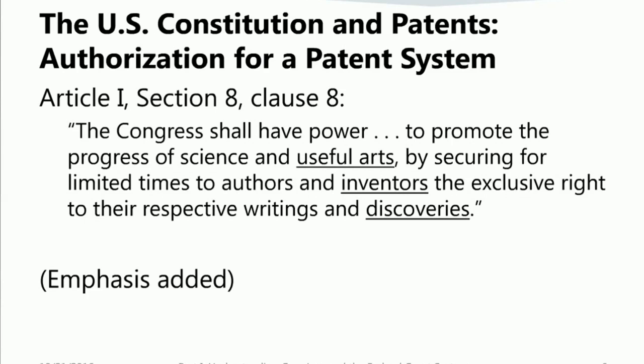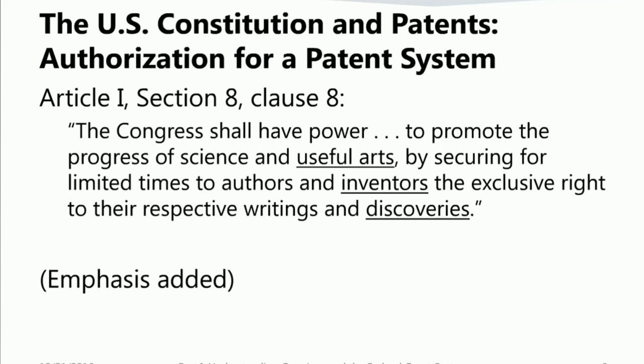The Constitution itself gives Congress the authority to create both a copyright system and a patent system in Article 1, Section 8, Clause 8. Congress has the power to promote the progress of science and useful arts by securing for limited times to authors and inventors the exclusive right to their respective writings and discoveries.